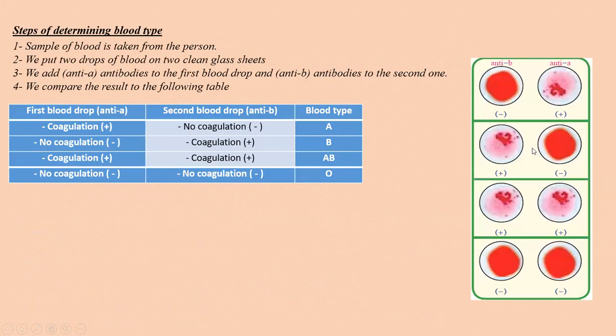Okay, now the steps of the determination of the blood type. I have a sample, I take a sample in a plate of a person.